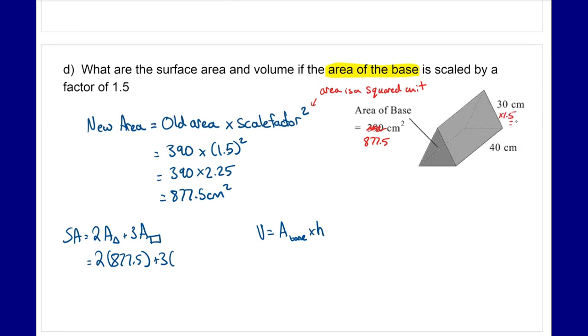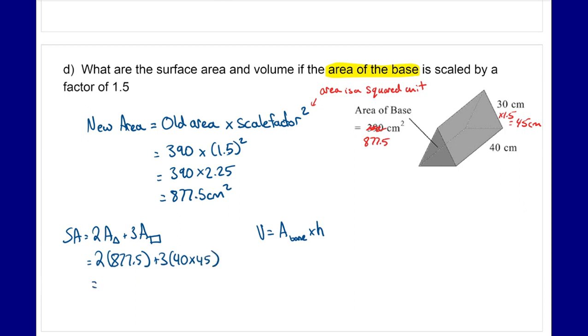So 30 times 1.5 is now 45 centimeters. That's the new length for the triangle, and the original length for the prism. So that changes our formula, because now it will be 40 times 45 for the area of those rectangles.